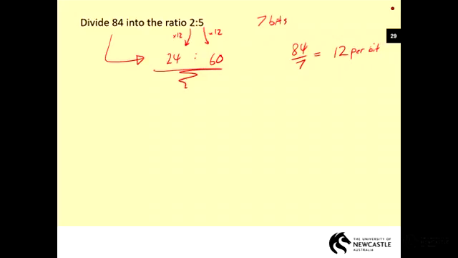All right, so really, these questions are unsimplifying a ratio. The questions earlier were, write this ratio in simplest form, and it wanted the answer 2 to 5. Now we're giving you 2 to 5 and saying, how big are the actual ratios? We're undoing.